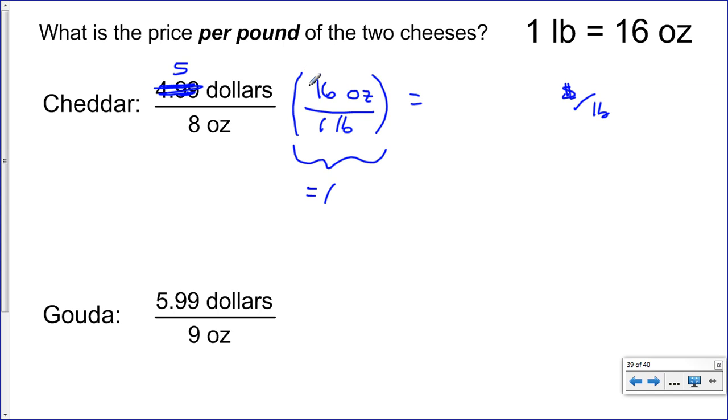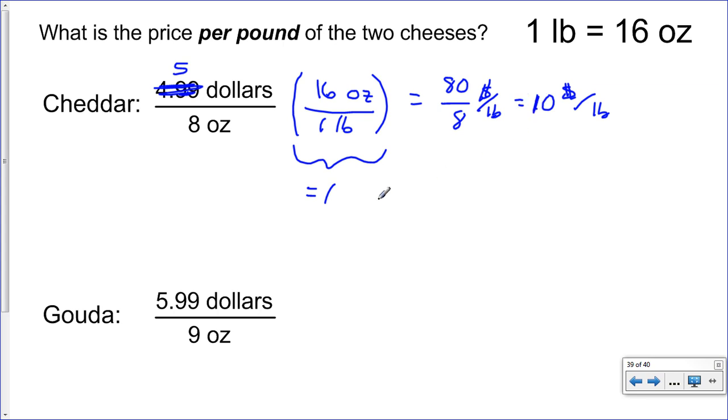So 5 times 16 is 50 plus 30 is 80. And 8 times 1 is 8. So we've got 80 divided by $8 per pound, and that is 10. $10 per pound.